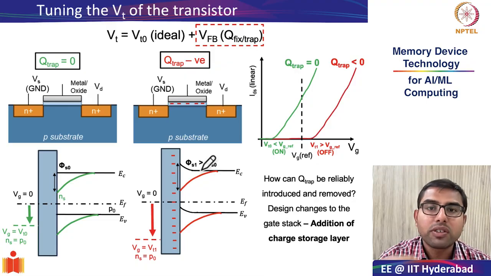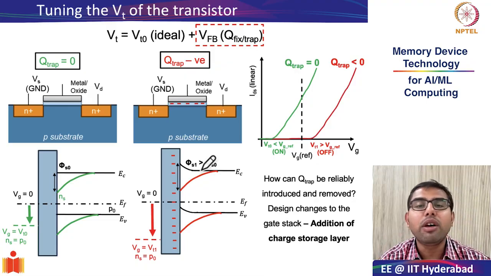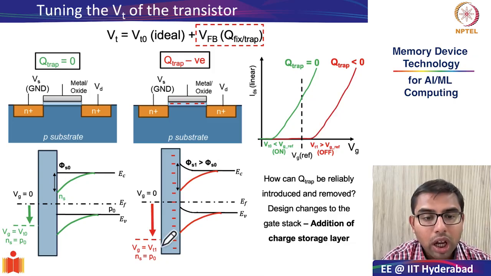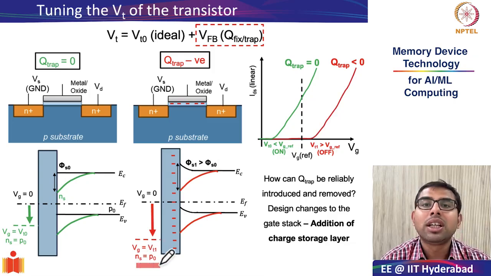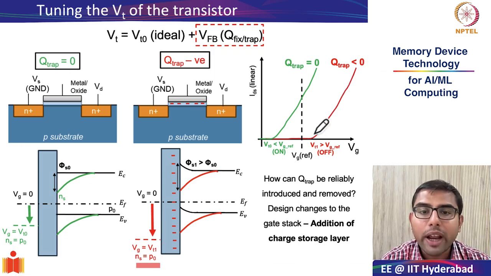That means that the number of surface electrons at the oxide and semiconductor interface will be equal to the number of p-type carriers in the bulk, right? And this is reflected by a higher threshold voltage, as indicated by the red curve.